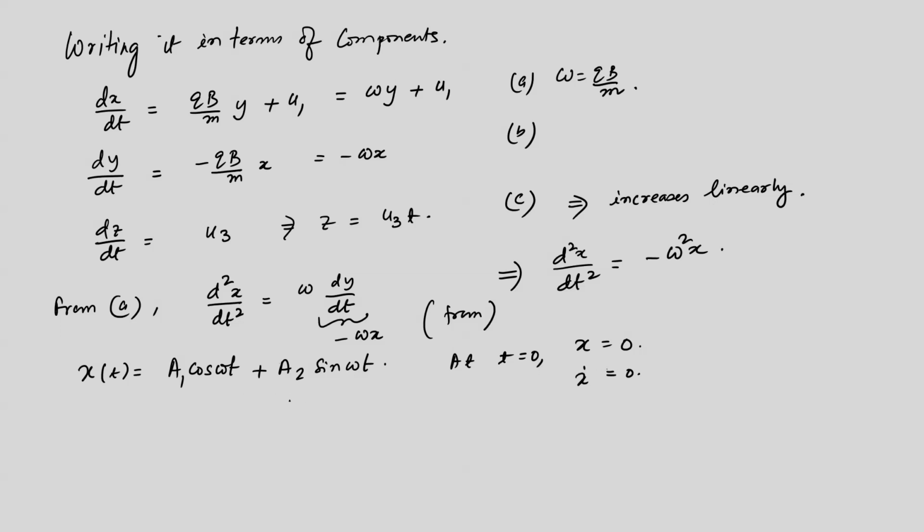Now, x equal to 0, if you put t equal to 0, a1 will not allow you to become 0, because for t equal to 0 cos becomes equal to 1. So, you have a 0 on the left, but the first term with a cosine omega t prohibits matching both sides of the equation, and hence this tells that a1 has to be equal to 0.